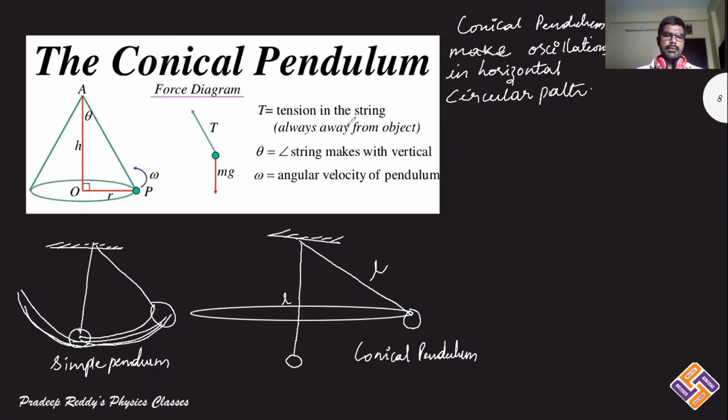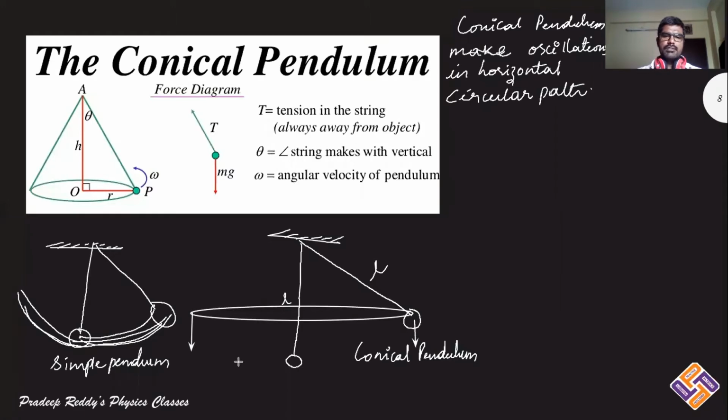So this is an example of horizontal circular motion. In horizontal circular motion, as the body moves in the circular path, the gravitational force at any particular point will remain the same. At this position the gravitational force is the same, and at this position also it will be the same, because it is making revolutions only at constant height.